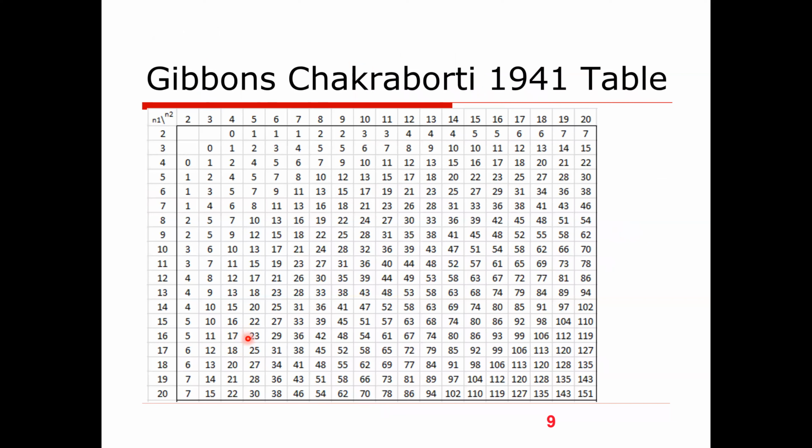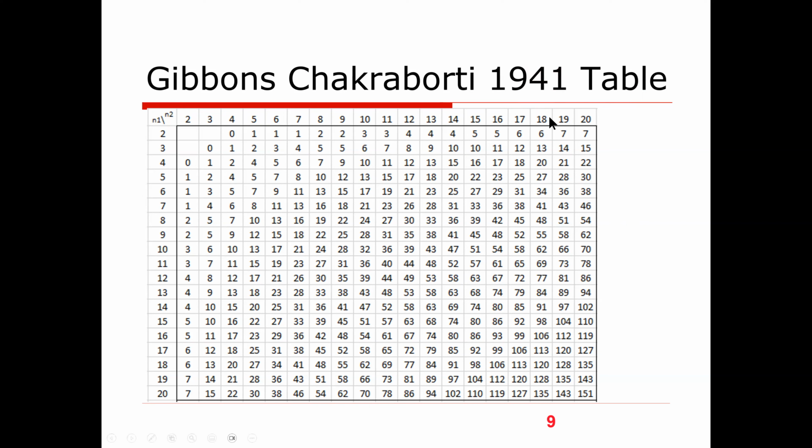Okay, another way to make the decision about whether to reject the null. It's only the decision on the null. It doesn't give us a p-value, right? So it's using this Gibbons Ch6 table. It was proposed, I think, several years later. Sorry, this is not 1941.